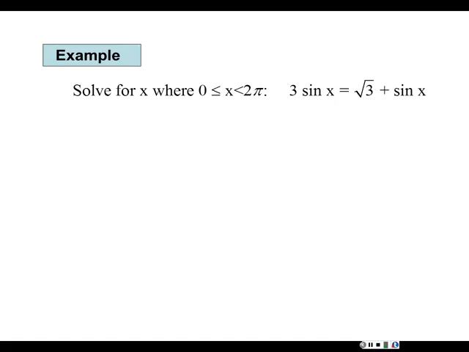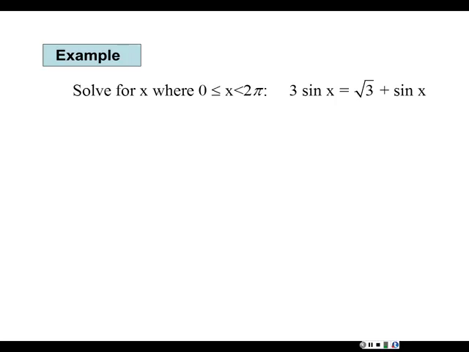But the problem is this. Look at the restriction of x. x cannot be larger than this, so anything after this point, ignore it. So the only thing that we are left with is this. There are two possible values of x: one is of course pi by 3, and the other one is 2 pi by 3.